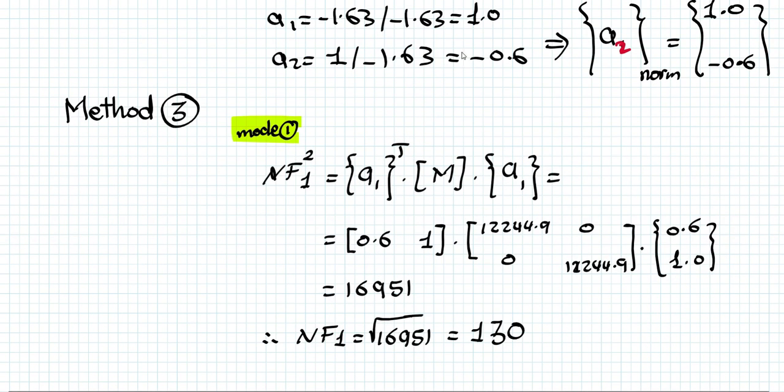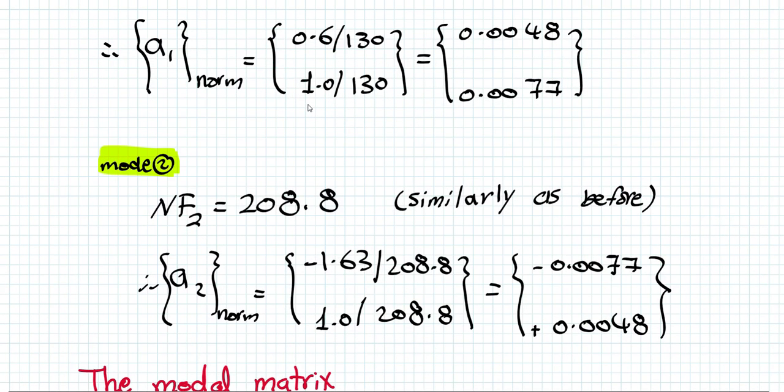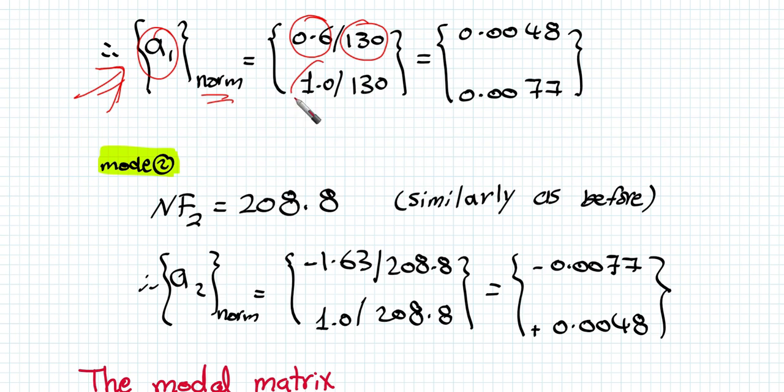Okay, now let's go to the next. Here we are going to put the normalized mode shape. A1 normalized is going to be 0.6 over 130 and 1 over 130. This gives us the values 0.0048 and 0.0077.